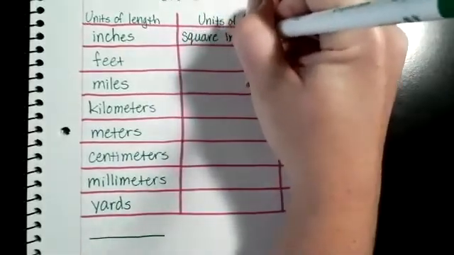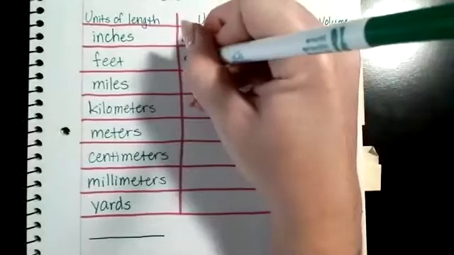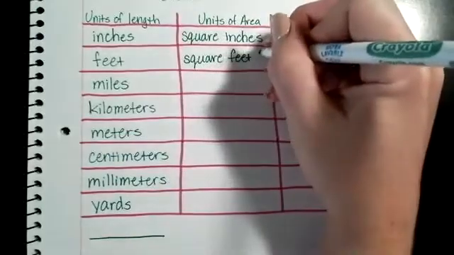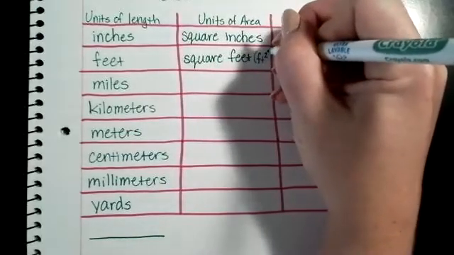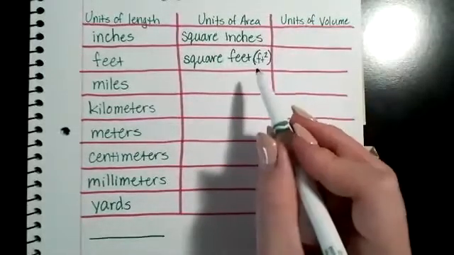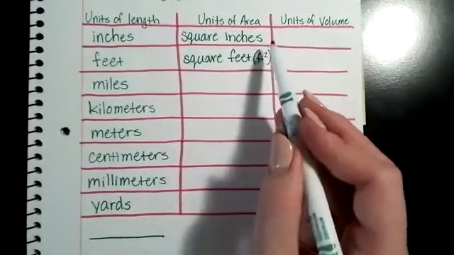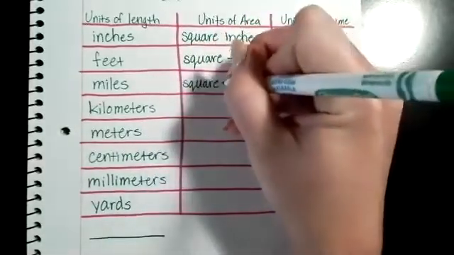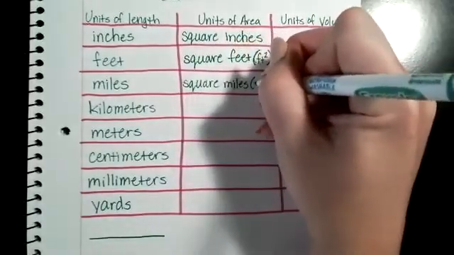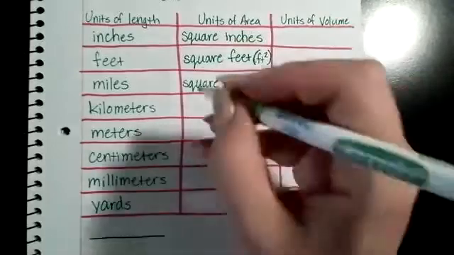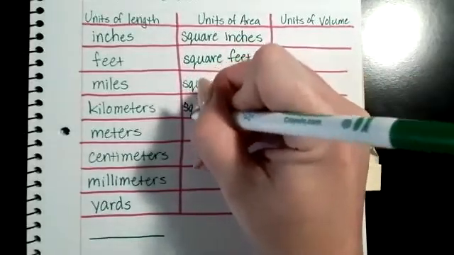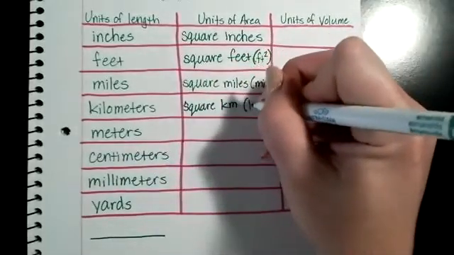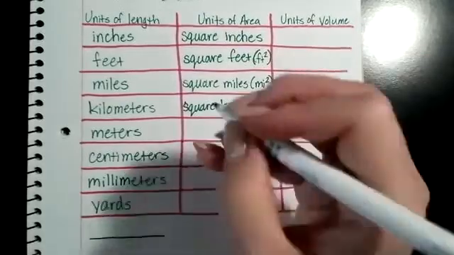square inches. For feet, you would measure in square feet, which you could also write as feet squared. Okay, you could write it like that. Same with square inches, you could write inches squared. You could do square miles. Square, I'm going to abbreviate kilometers, like that.